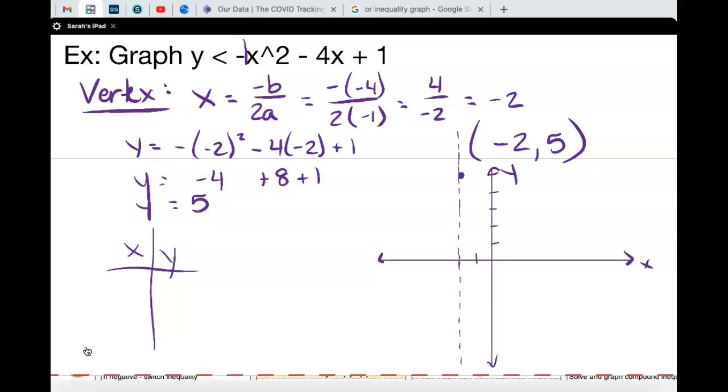Negative 1 and 0. I like those numbers. Okay, so let's plug in negative 1. So y equals negative 1 squared plus 4 times negative 1 plus 1.